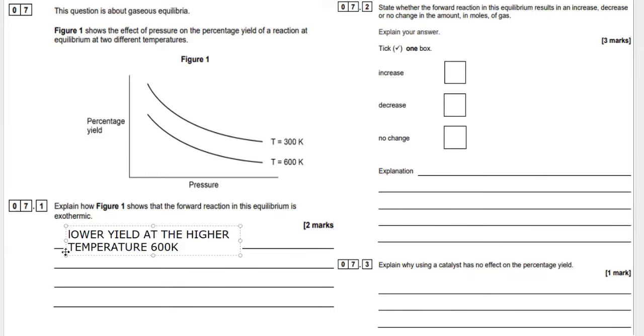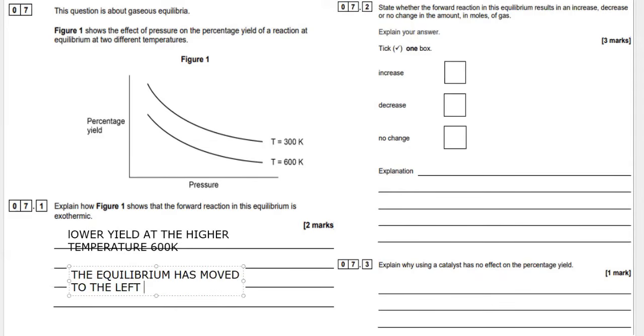So we get that lower yield at higher temperature. And this tells us the equilibrium has moved to the left. Some people like to say backwards.